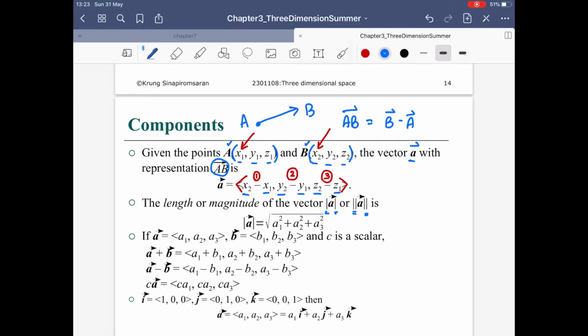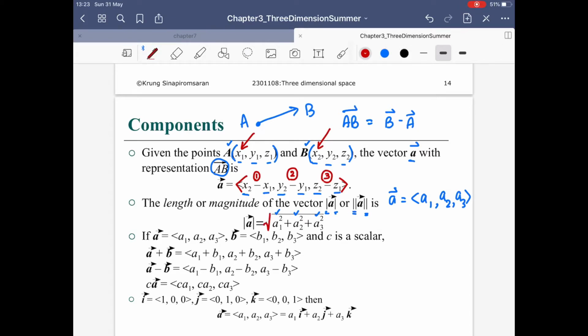This means your A is (a1, a2, a3), containing 3 components. So it's the first component squared, the second component squared, and the third component squared, and don't forget to take the square root.